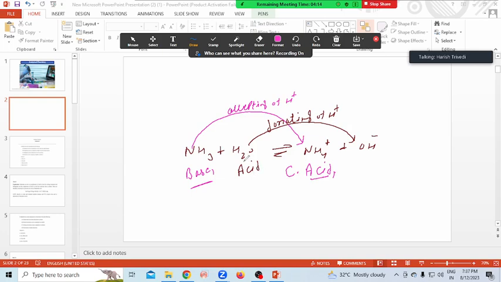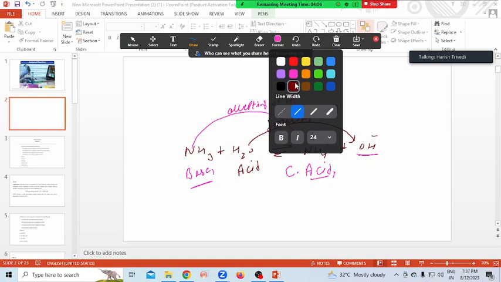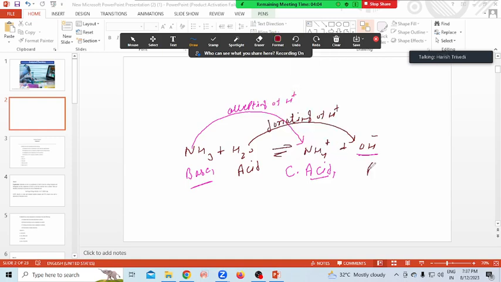Similarly, the water, after losing a hydrogen ion, will convert into hydroxide, and it is a base. This is base 2, and it is a conjugate base. Okay, this is all about the Bronsted-Lowry theory.